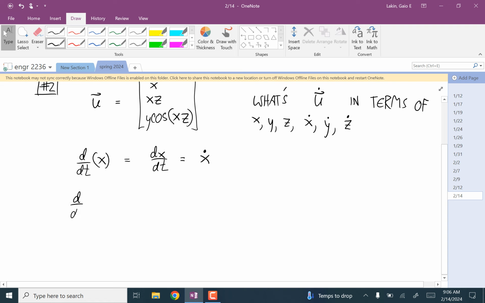The next one, d dt of xz, is from the product rule, dx dt times z plus x times dz dt.